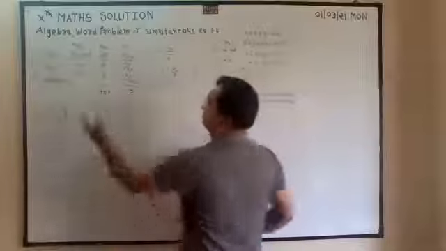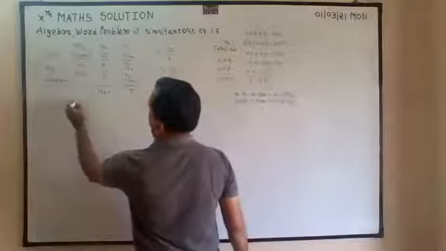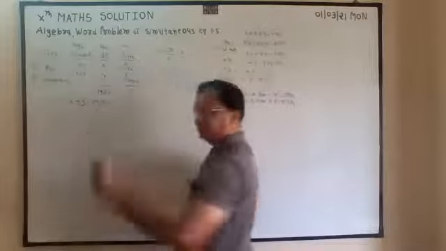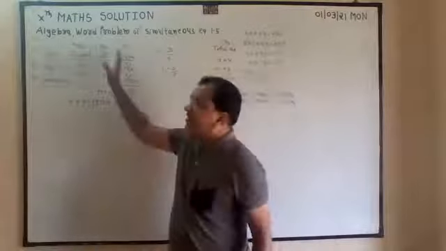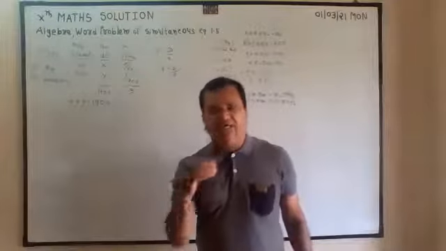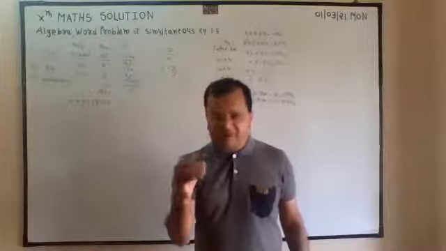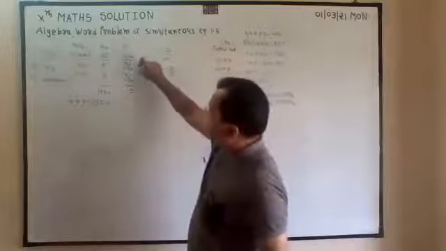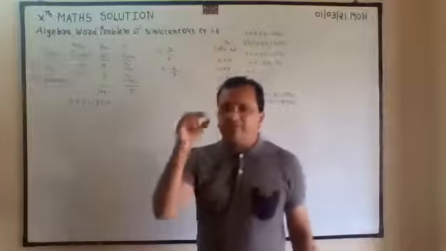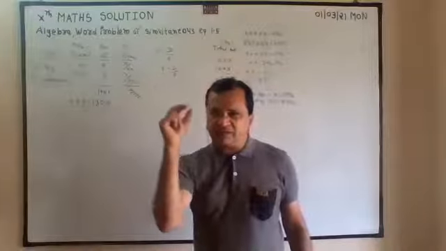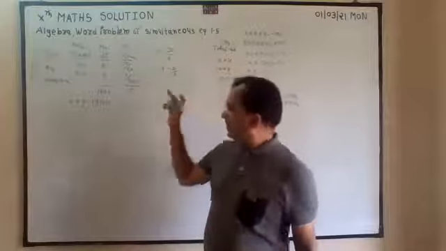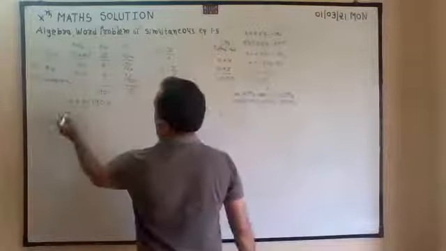So condition number 1, therefore x plus y, total distance is given. Speed is distance by time, so time is equal to distance by speed formula. Time taken by bus is this much, time taken by aeroplane is this much. But time by bus plus time by aeroplane, total time is given as 5 hours. So that is condition number 2.